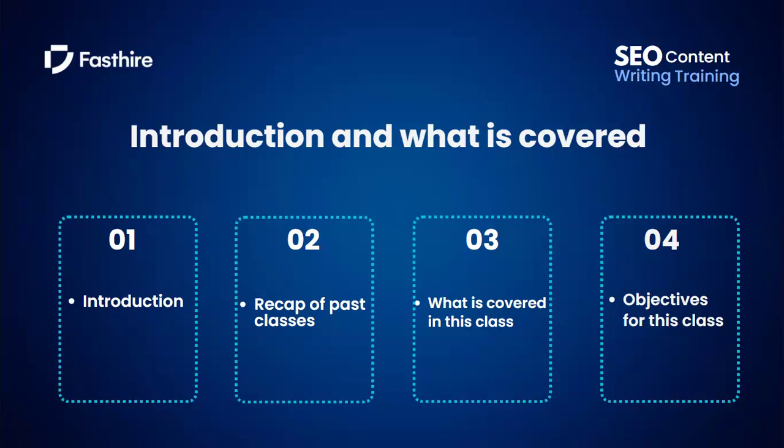So what we're going to cover in this class, we're going to talk about some of the SEO ranking factors, the things that make SEO rank. We're also going to look at what SEO means. What is even this word SEO, and what does it mean? Then we're going to talk about some of the things that help content rank, and build up the conversation from there. The objective of this class is to ensure that at the end of this class, everybody understands what search engine optimization is, so that when you hear the word, it doesn't sound like a strange concept to you.